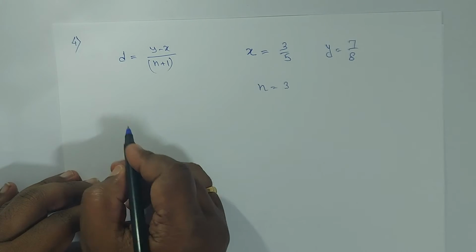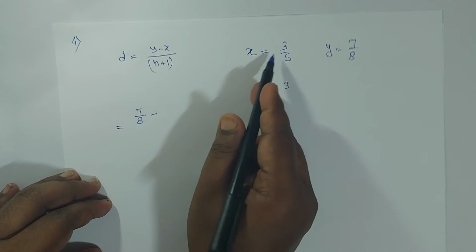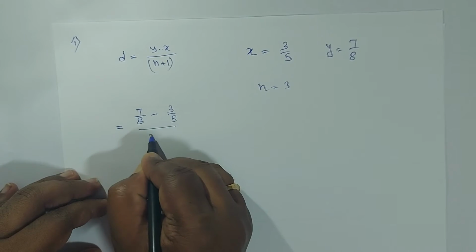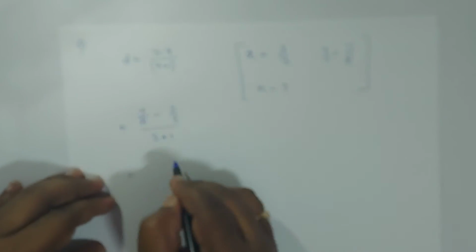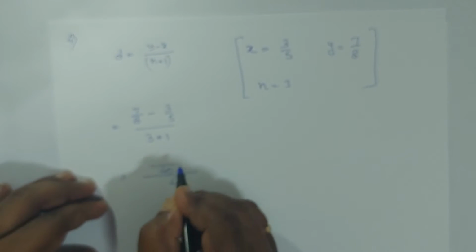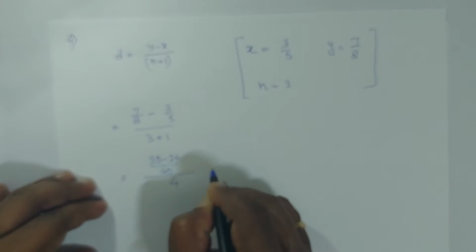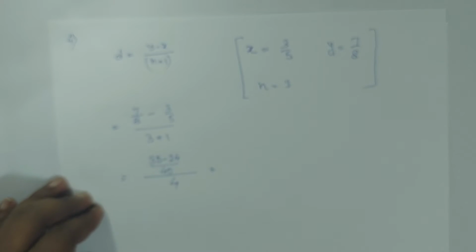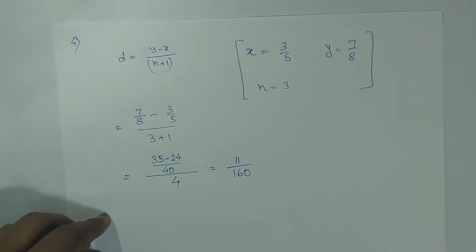So D is equal to (7/8 minus 3/5) by (3 plus 1), which is equal to 1/4 times, and if I do the LCM, it is 40, so 35 minus 24, which will be 11 by 160. So D is equal to 11 by 160.